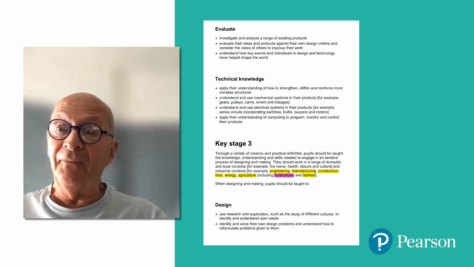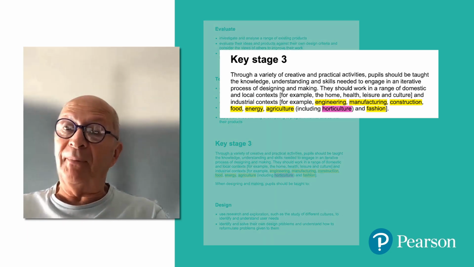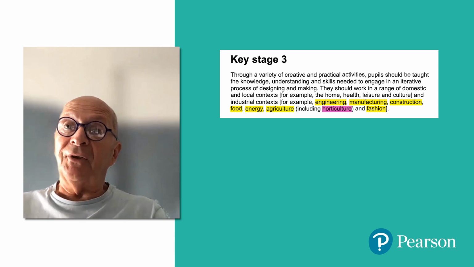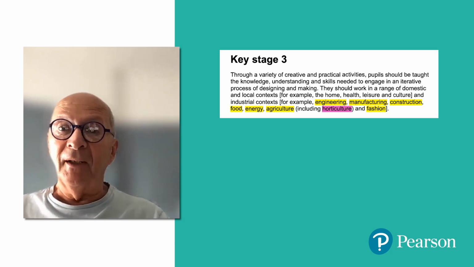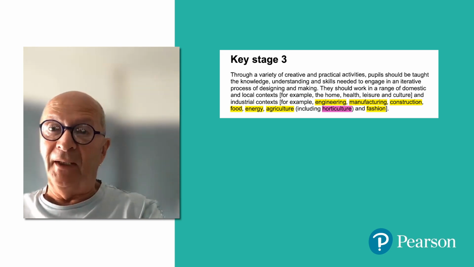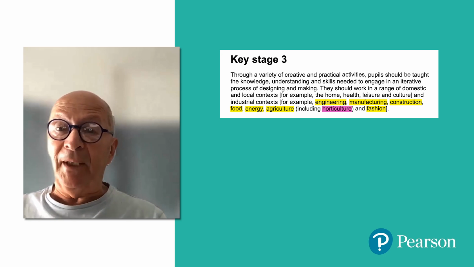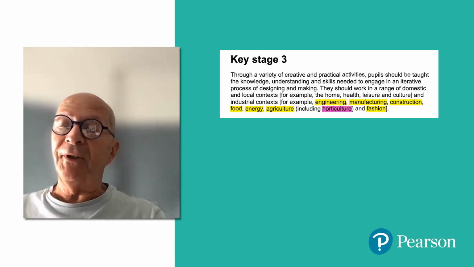One of the things that I think has been lost is this whole idea of design outside what can be quite a prescriptive, narrow curriculum. So horticulture, growing food, that feeds into the food aspect of design and technology, growing food over a period of time, but also some of the structures.